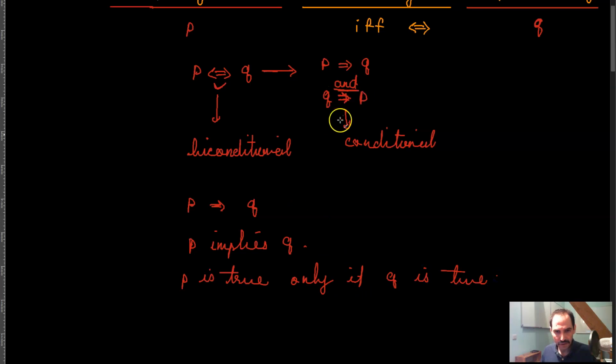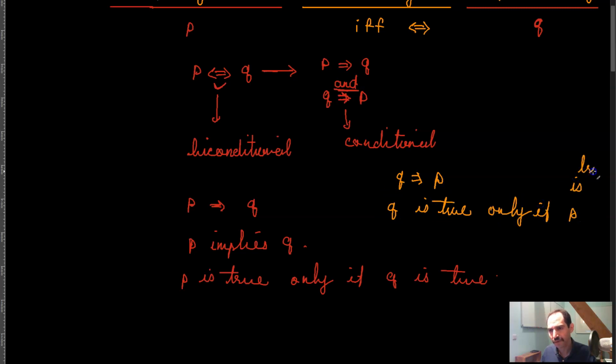And when I say Q implies P, what that means is that Q is true only if P is true, right?